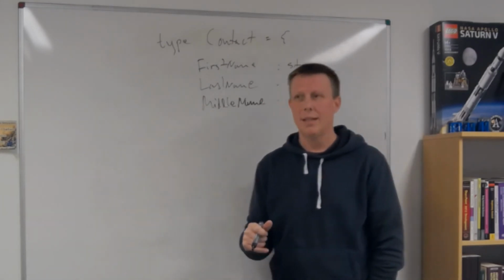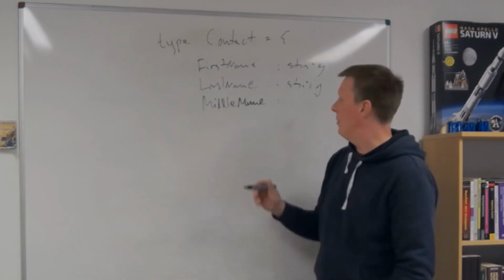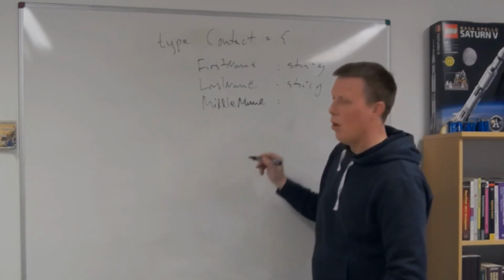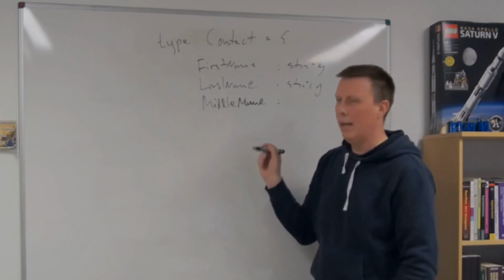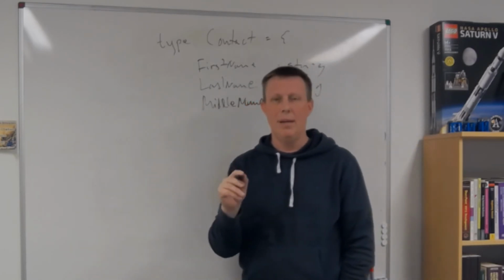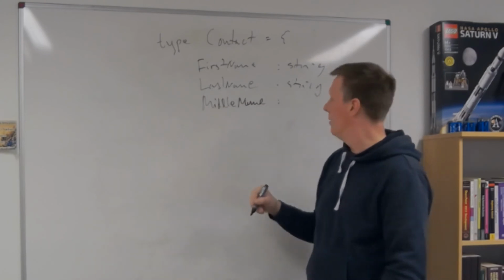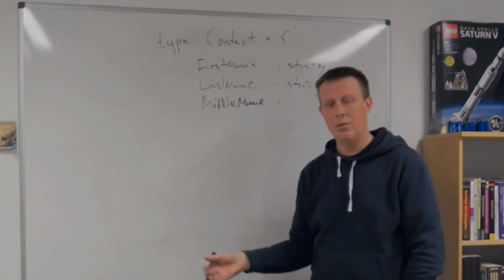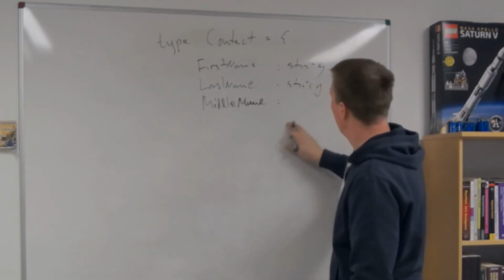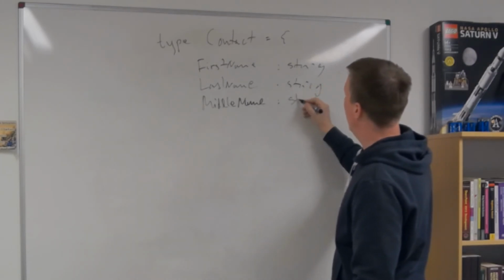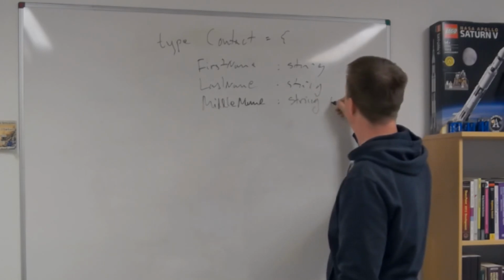Sometimes, though, we really need to know, and then that ends up having our code full of if contact.middlename equals empty string, then do something else, and that's kind of cumbersome. So what we can do instead is we can now say string option.